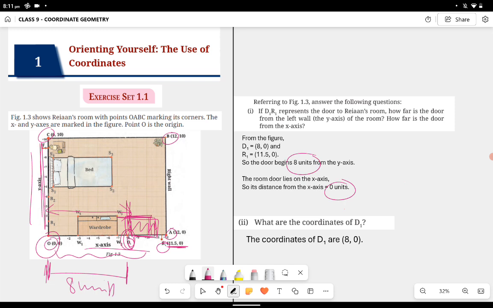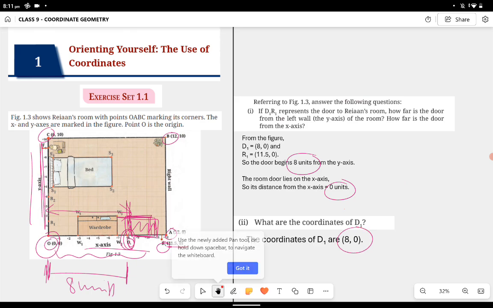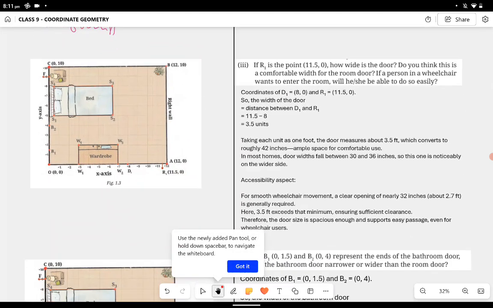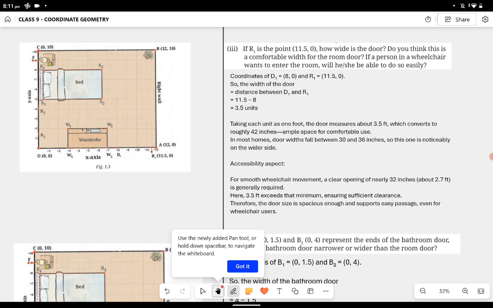Now the second question is, what are the coordinates of D1? We have already discussed that the coordinates of D1 are (8, 0). The third question is, if R1 is the point (11.5, 0), how wide is the door?